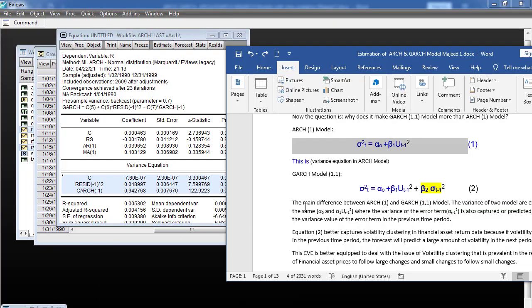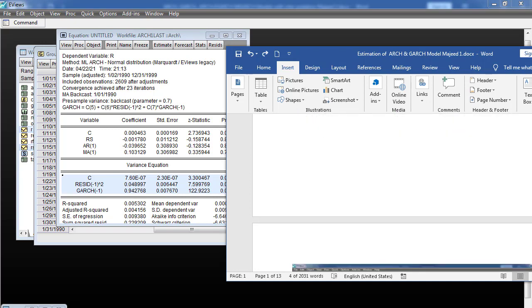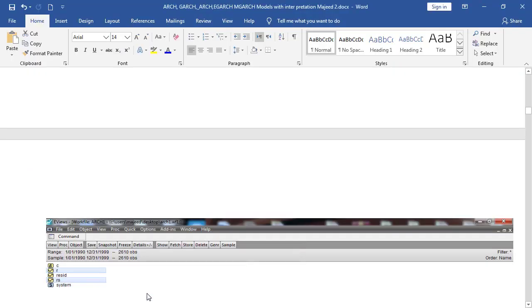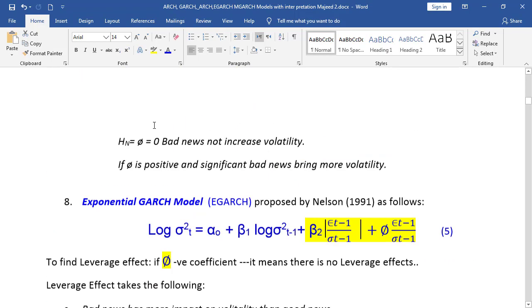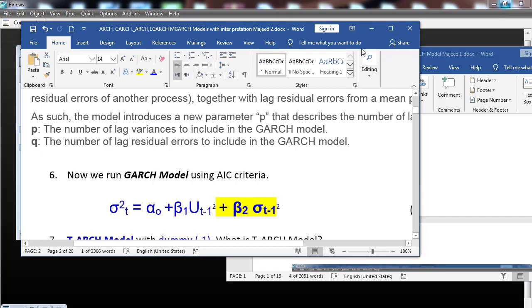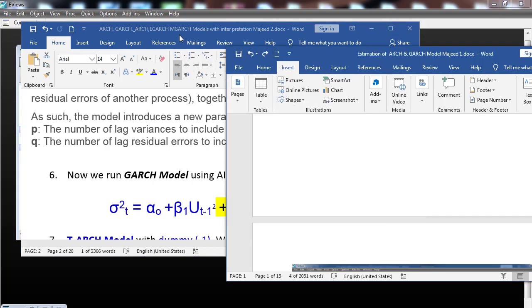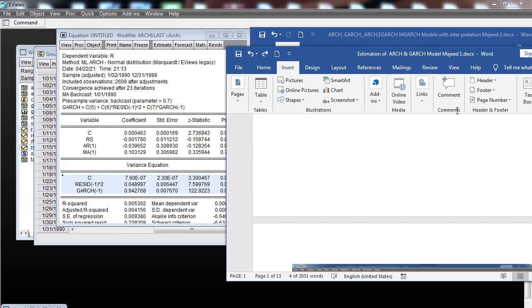So what is the equation of the TARCH model? We'll go to the notes here. Here it is, the TARCH model. I just want to put it here in case we do some interpretation.